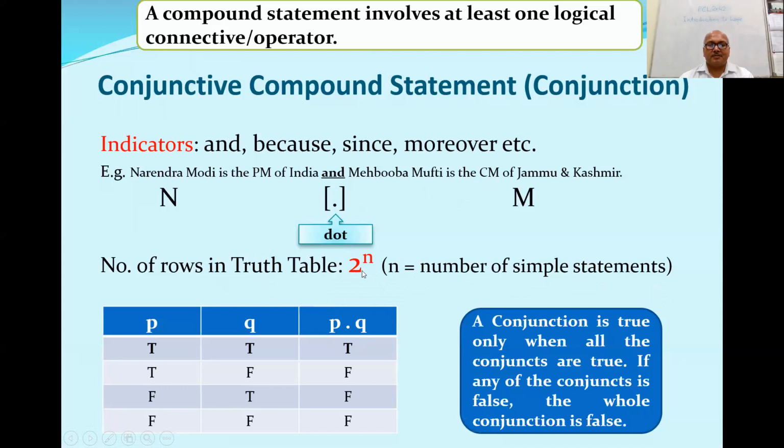This formula is adopted to make a truth table and also to see how many possibilities regarding the truth value of a compound statement there could be, right? So in this case, we have two statements. So how many possibilities could there be with respect to the total value of a compound statement, considering two statements as the participants in that compound statement?